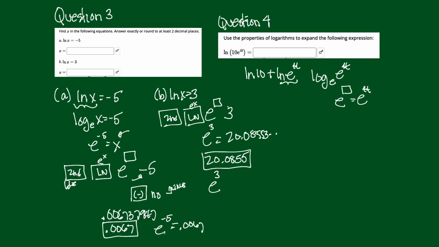Well, 4t, of course. So what happens here is that the logarithm undoes the exponential. These are inverse functions. The logarithm undoes the exponential as long as they're the same base. So as long as I have the same base, I can just write the exponent. So what I get here is the natural log of 10 plus 4t.